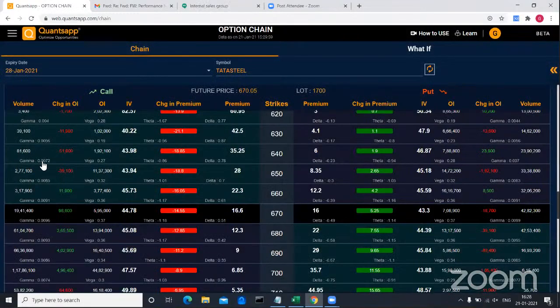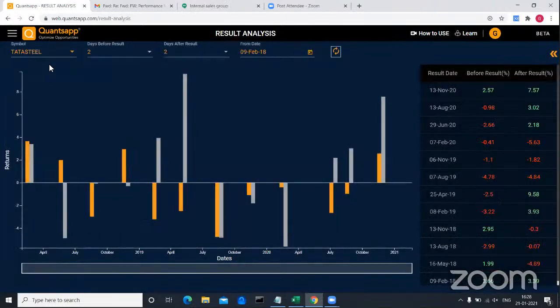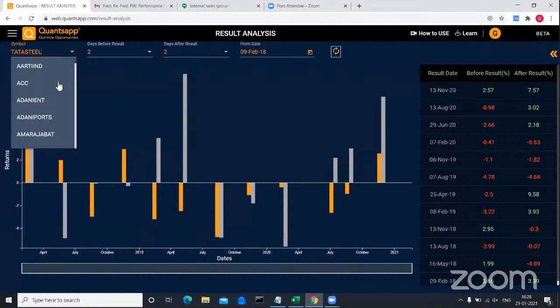Sorry, wrongly opened this. Result analysis. We'll go and see this is the Tata Steel before and after. So you can search any FNO stock, whether the result has already been announced for it or not.